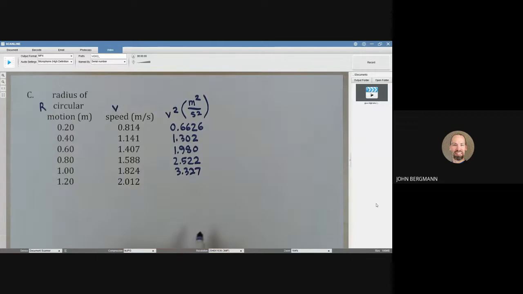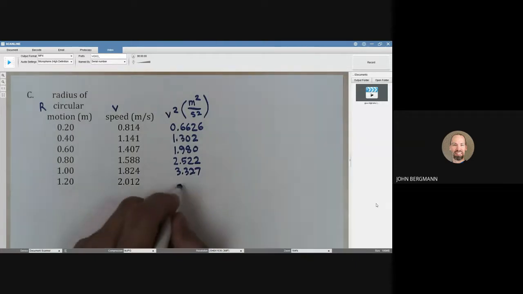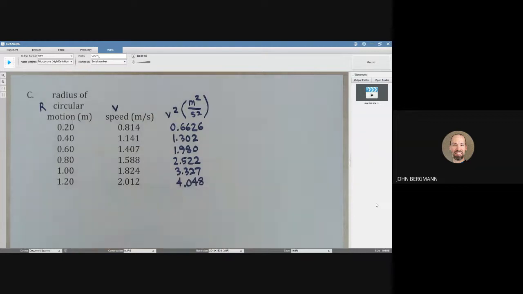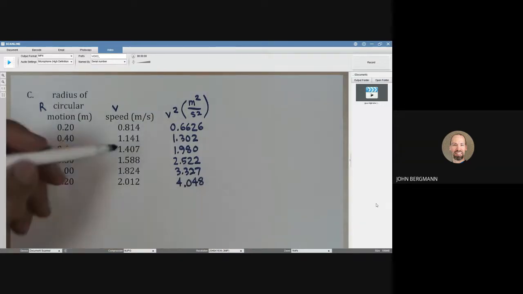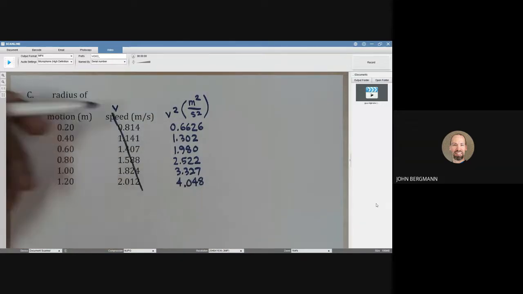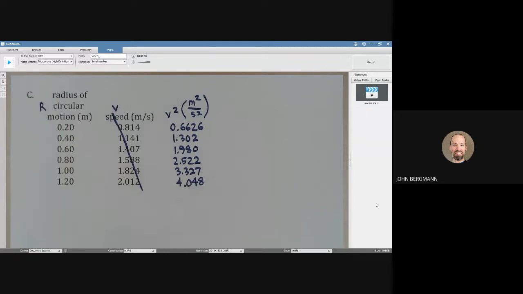I'm squaring all the speed values, and finally 4.048. And once I've done that, I like to put a little line through that so that I'm not tempted to put that data now into my calculator. We are not going to put that data into our calculator.